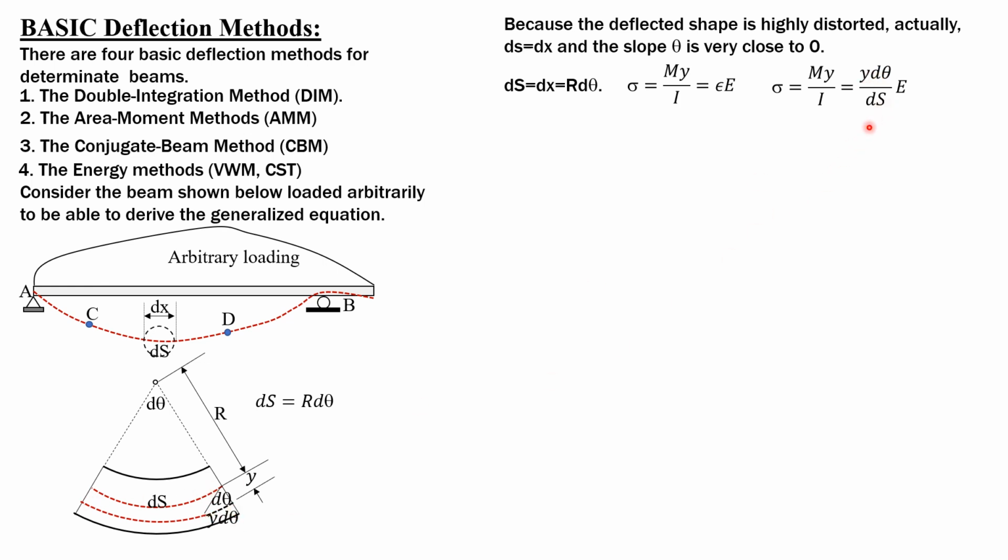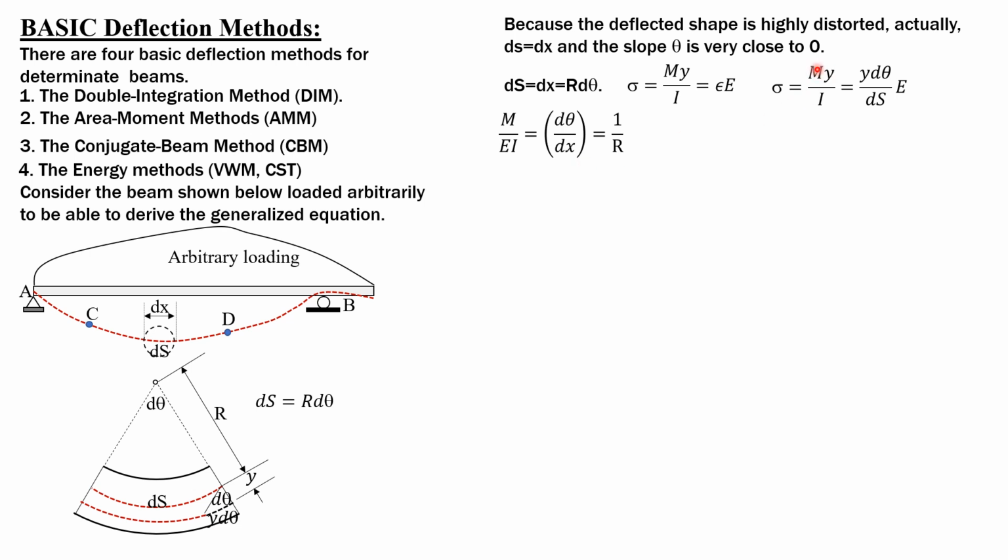Because ds is practically equal to dx, due to the fact that this elastic curve is really almost a straight line, M over EI from this equation is equal to d theta over dx.